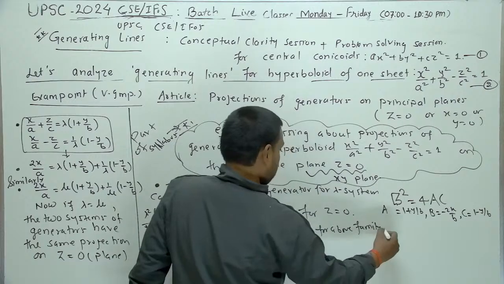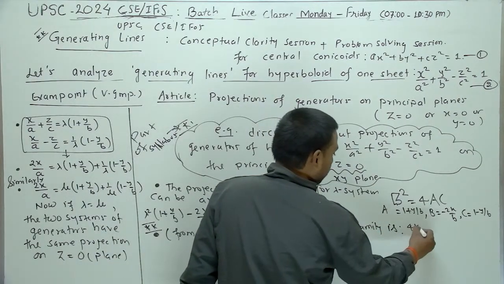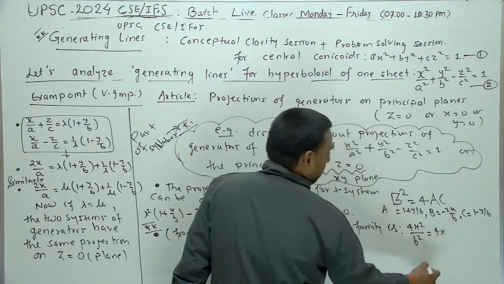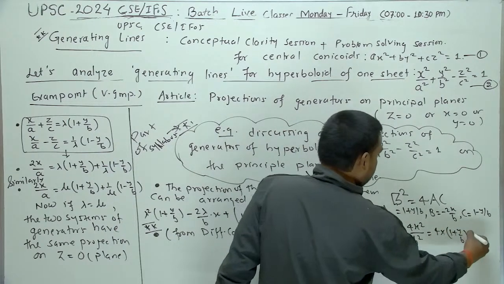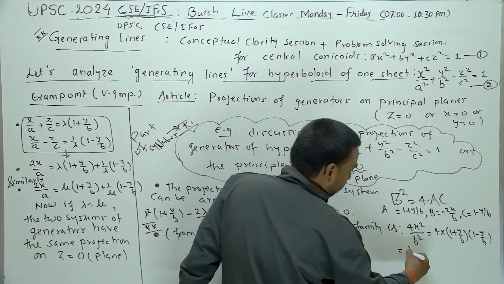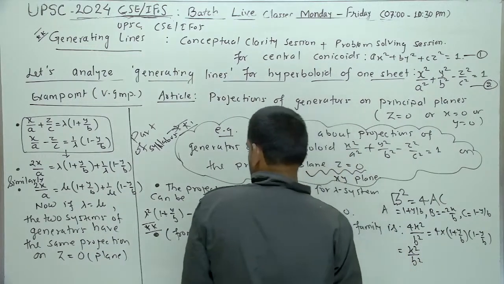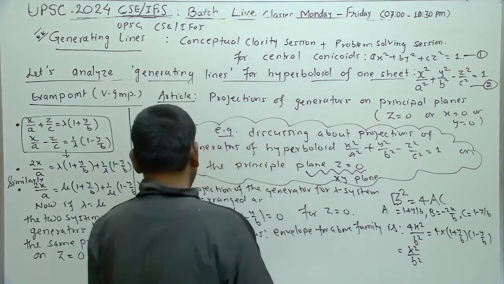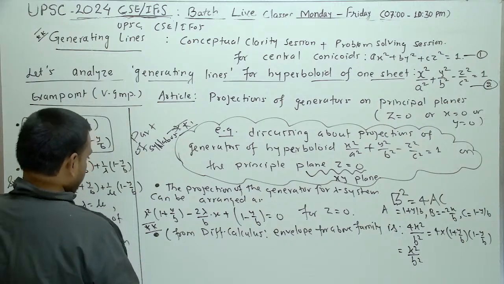So what will I get now? B square means 4x square upon a square, equals 4 into 1 plus y upon b into 1 minus y upon b. So that turns out, 4 got cancelled, it is x square upon a square. The x component is b, where is that coming from? This x component must be a, right?